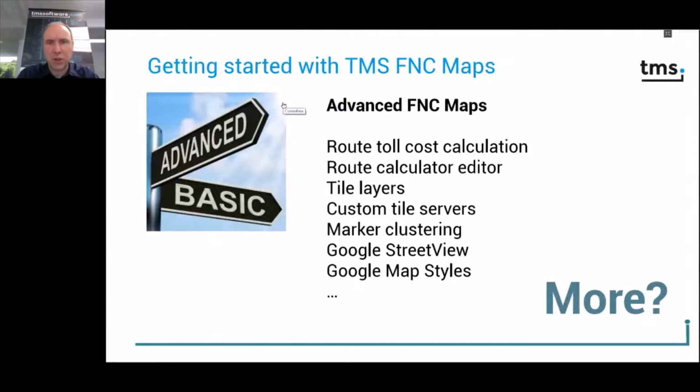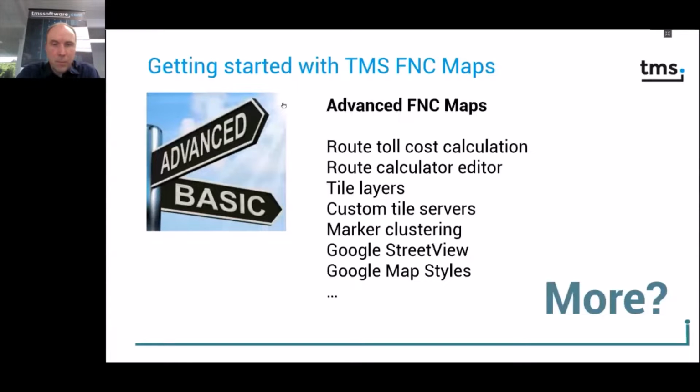It was an introduction. For example, things that were not covered today were toll cost calculations. So if you have toll along routes that you calculate, you can also calculate how much it will cost to travel from A to B. The route calculator editor, tile layers were not covered. Custom tile servers that you can, for example, use in connection with open layers.